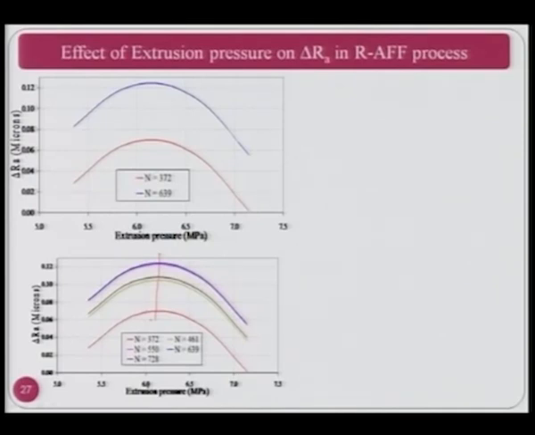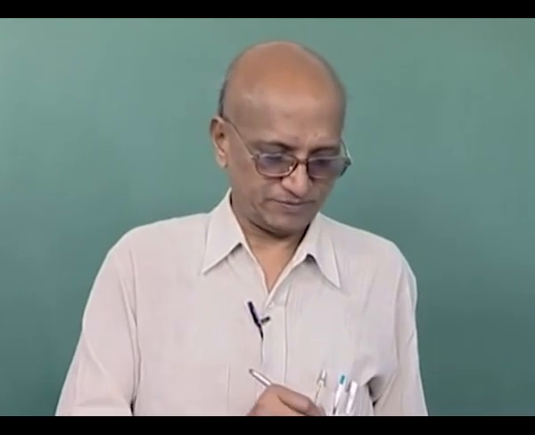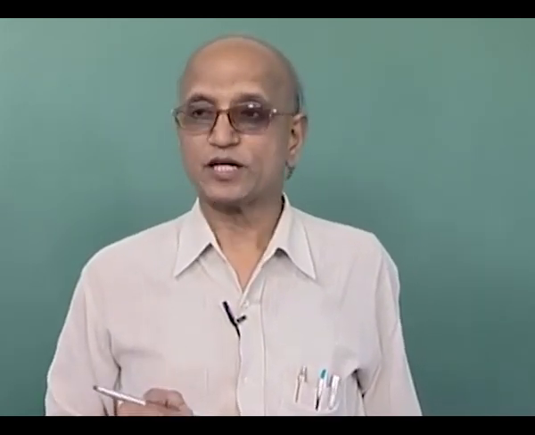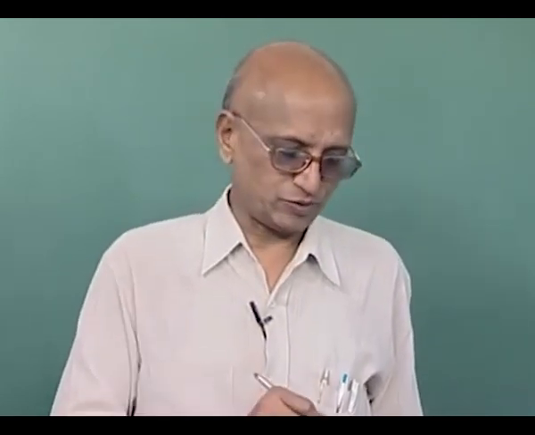So we should use that particular extrusion pressure which is giving the maximum value of delta RA for the given setup and finishing conditions. Definitely it will be different for different workpiece materials also, and this number will be different for different setups also. Under certain conditions, what the finishing conditions are, what the medium is, that also will change the optimum value to some extent.